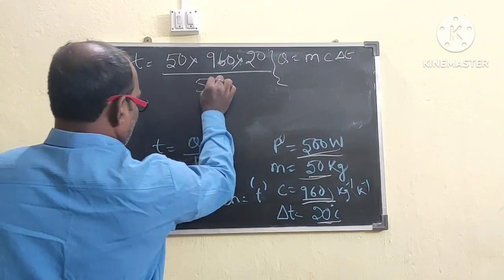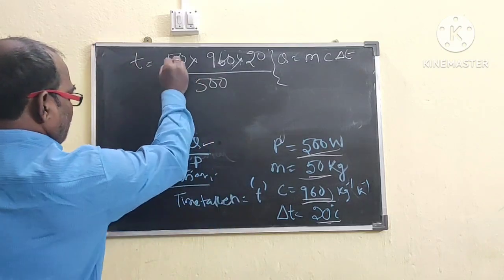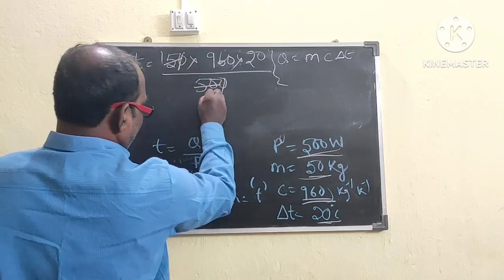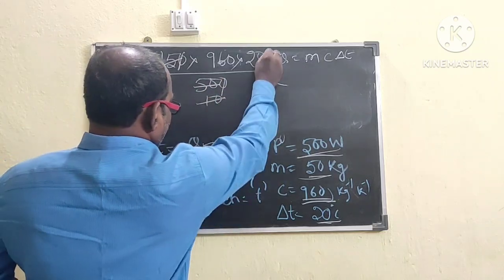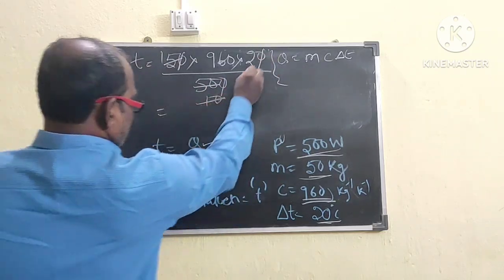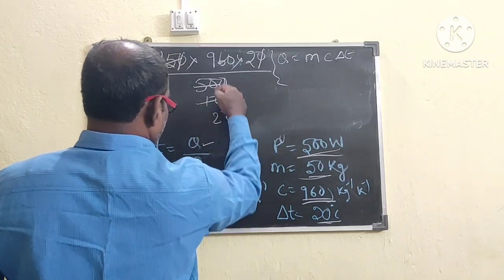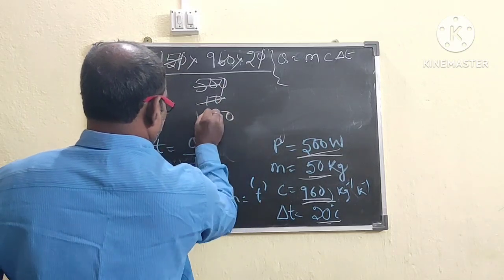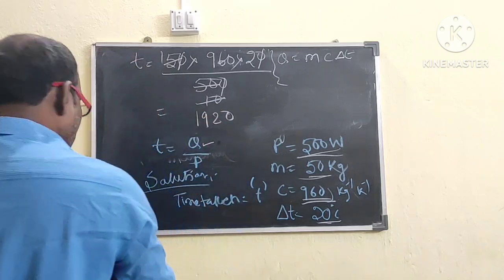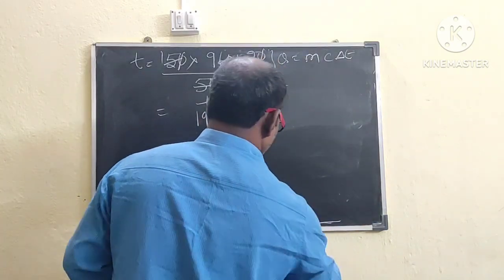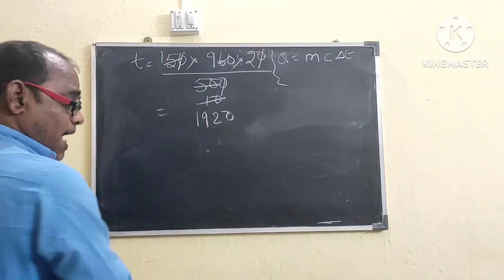So you get this cancelled out. 5 ones 5, 5 tens 50. This gets cancelled out. So your answer is 1920 seconds. This is your answer.